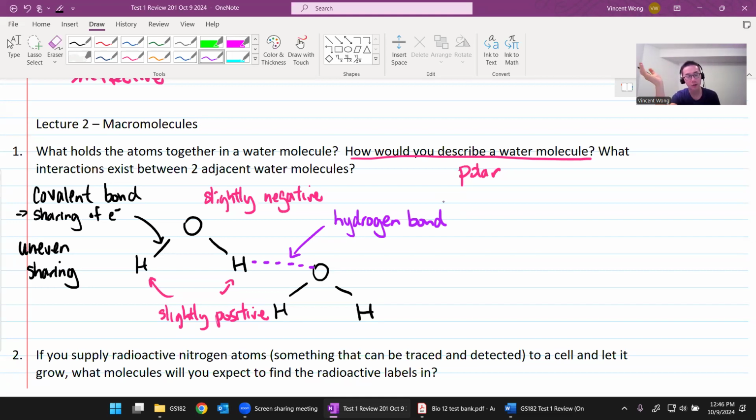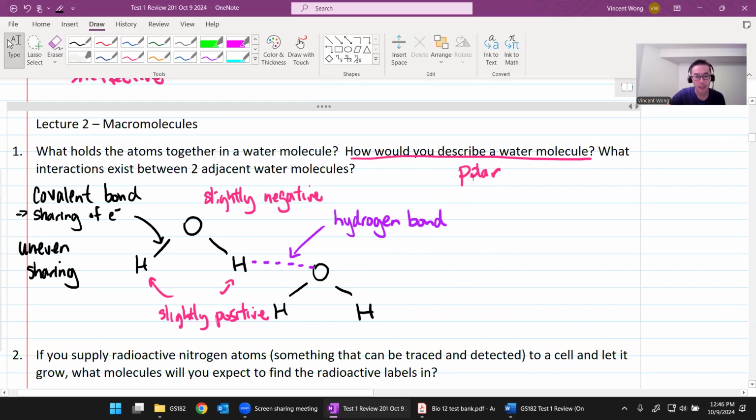We also see hydrogen bond in other situations, like in the secondary and tertiary structure of proteins, and hydrogen bonds are also what's holding the two strands of DNA together. So my point is that it's not a unique thing to water molecules, right? So that's that.